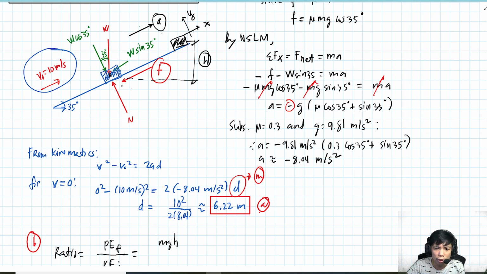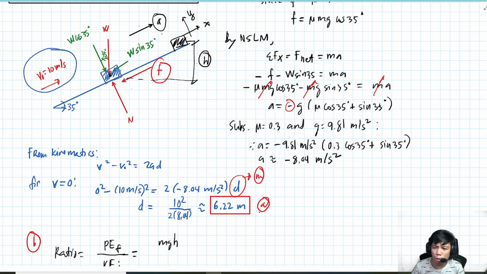Regardless ng distance na gagawin mo, pwedeng along the distance or up the incline, yung displacement natin guys, parehas lang naman. Kahit anong path mo dyan, basta yung displacement mo parehas lang, the potential energy is the same lang naman.